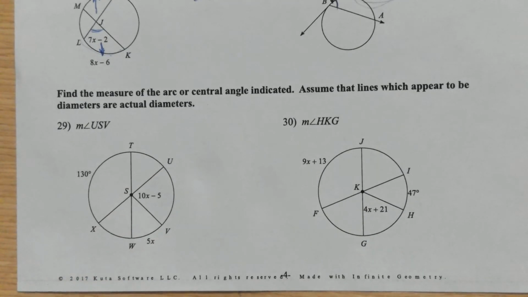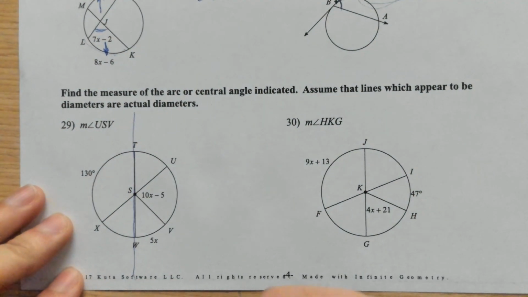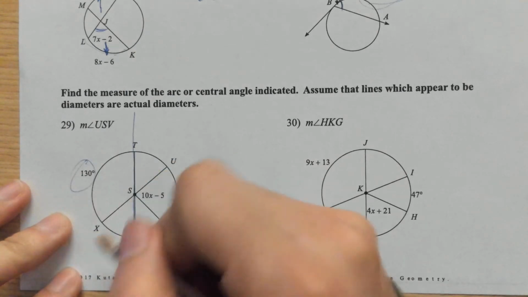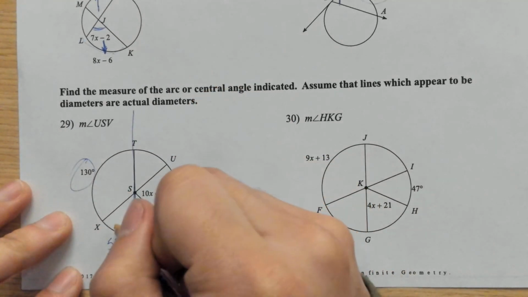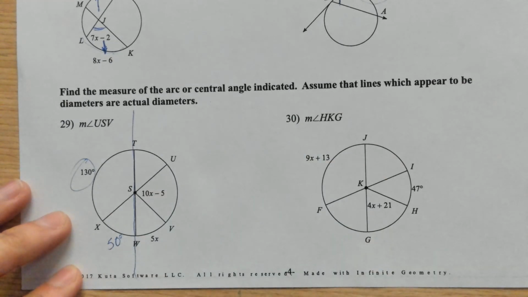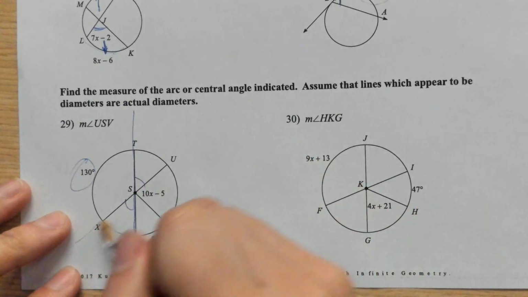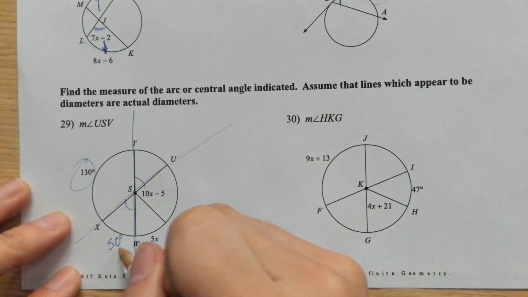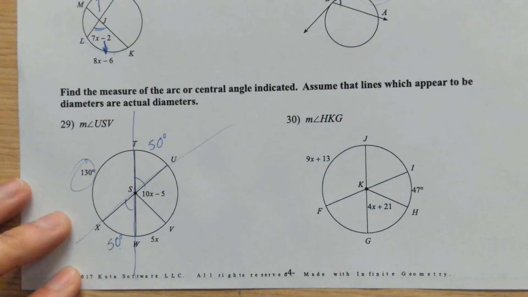Now, 29 and 30, I'm not going to ask you to do these ones. I actually took a look at these before actually attempting them. And if you look at this problem here, this is a straight line. So if this is 30, then this one has to be 50, because on half a circle, I'm supposed to get 180 degrees. Now this angle and this angle, they are actually vertical angles. So if this is 50, then this one's also 50 degrees.